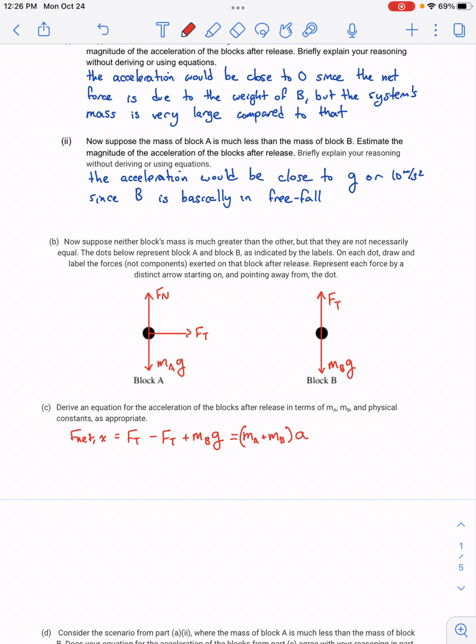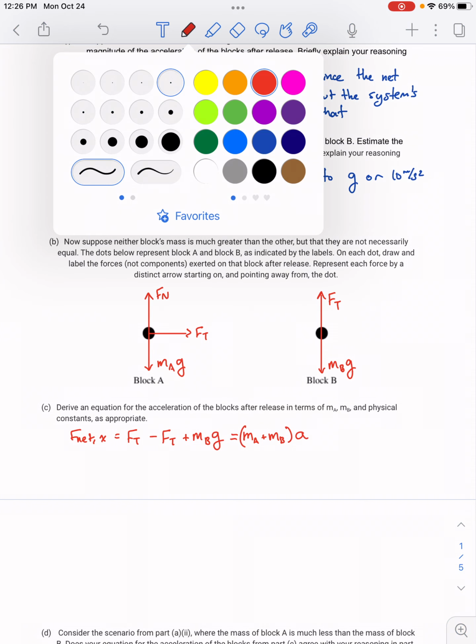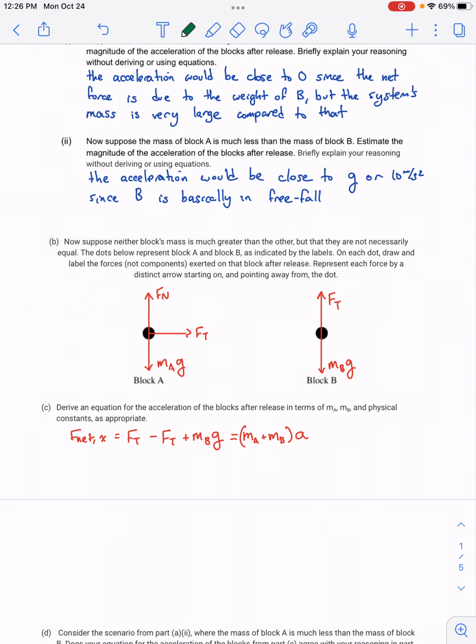For block A, this is the x direction, and for block B, downwards is the x direction. So we're rotating block B 90 degrees so that mBg and FT are the x forces.